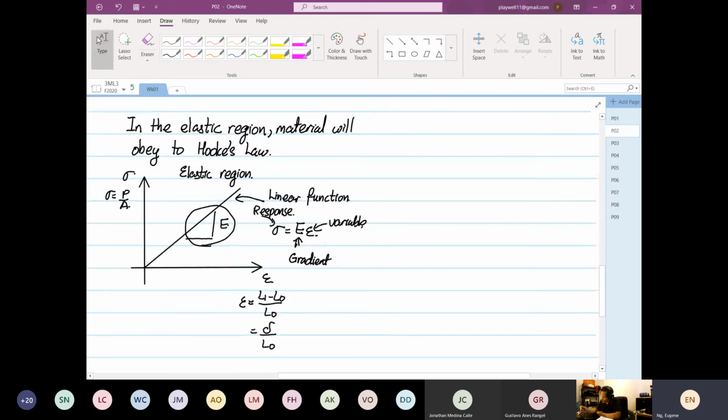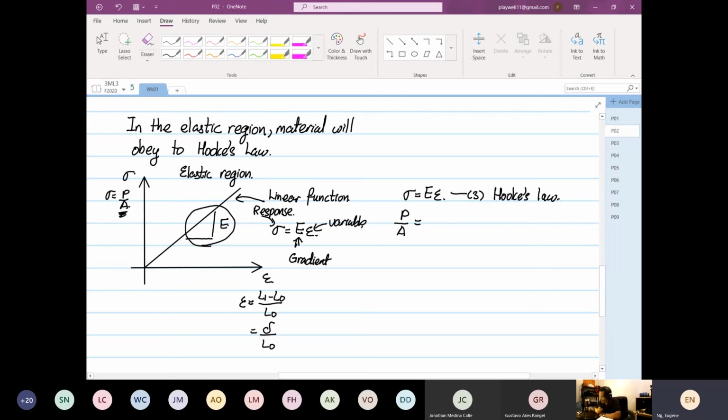So now we write down stress is equal to E epsilon. I believe this is our equation 3, and this is what we call Hooke's law. Then we know that stress is equal to P over A, as seen in the graph down here.